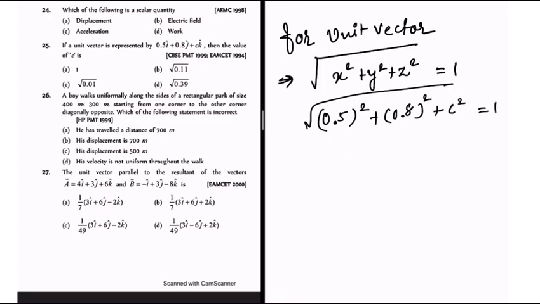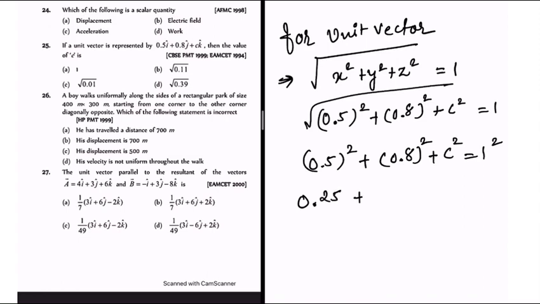Taking the square on both sides, 0.5 square is 0.25, 0.8 square is 0.64, plus c square is 1.